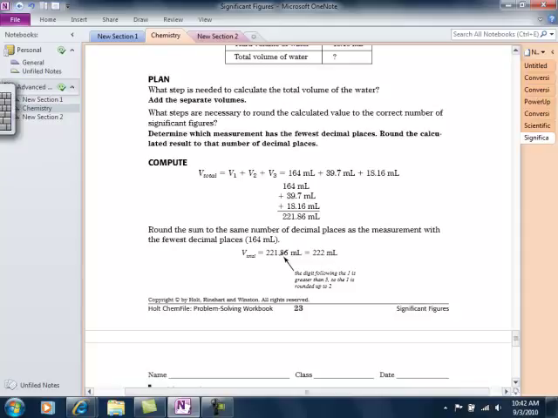Round the number to the same number of decimal places as the measurement with the fewest decimal places. So 164 had no decimal places, right? No decimals. So my calculator says this, but I can only say this.